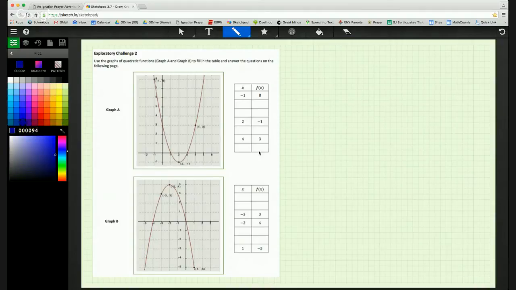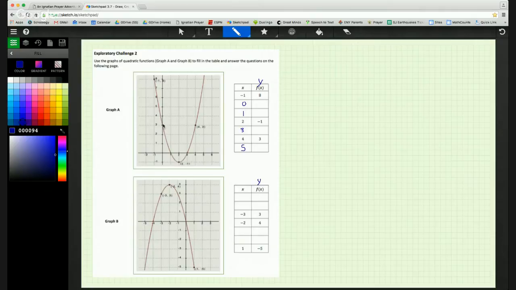Okay, so let's look at this graph and graph some points. We're going to fill in 0, 1, 2, 3, 4, 5, and we're going to graph f of x, which is also the same thing as y. So at -1, we are at 8. -1, 8 is a point on the graph.